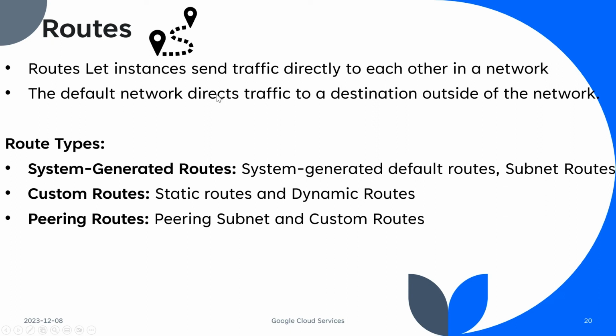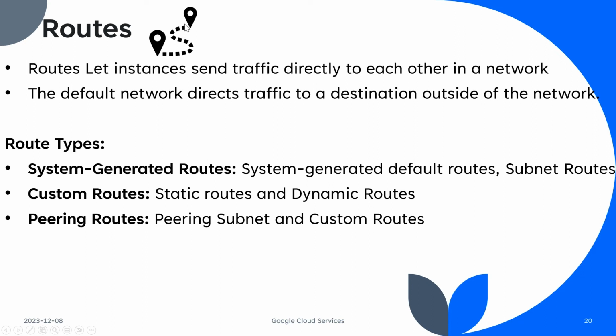Now let's come to the routes. See, when we create the VPC network, there are some routes already created, right? Routes let instances send traffic directly to each other in a network. What is a route? Let's say this is point A and point B. You want to go from point A to point B. How do you go there?